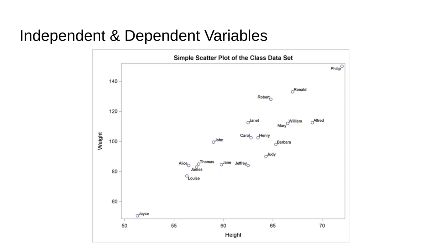So, height is what we call the independent variable, and weight is what we call the dependent variable, because the weight depends on your height. It's not the other way around. If you weigh more, you're not necessarily going to grow more. But if you grow more in height, then your weight is also going to grow with that.